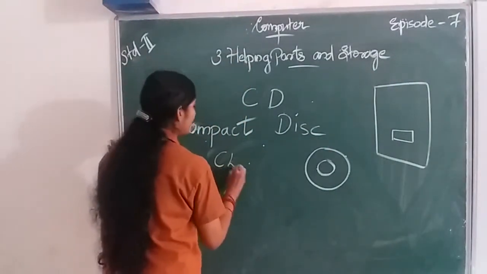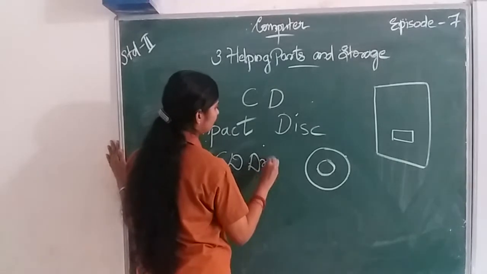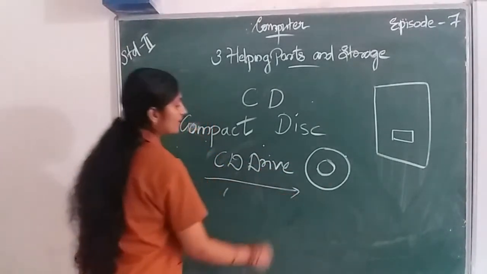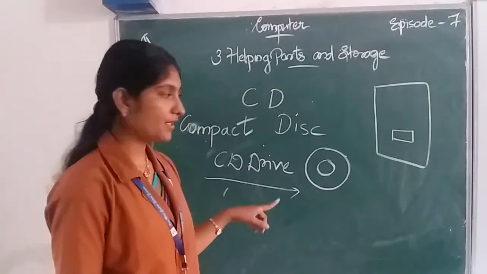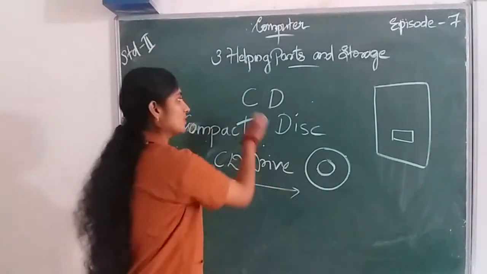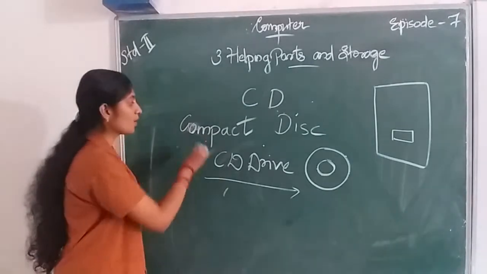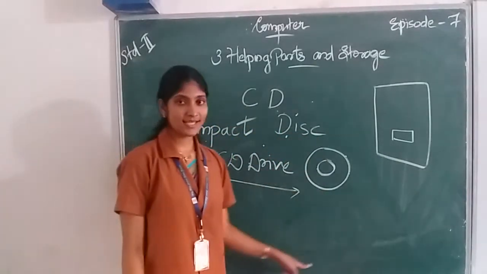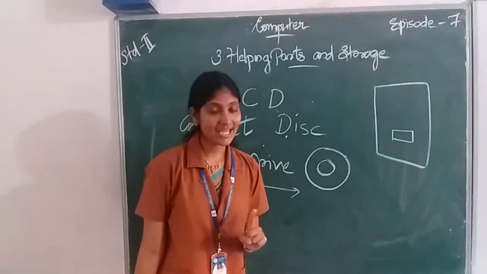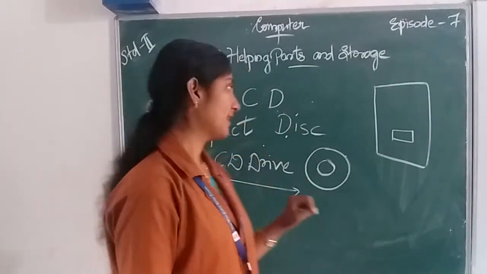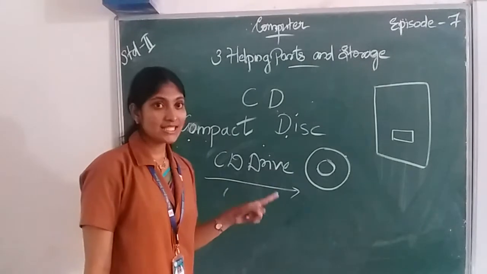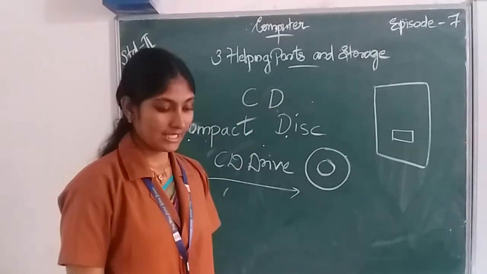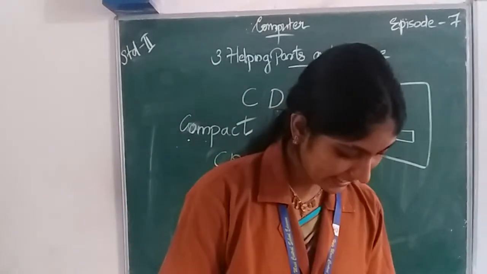So CD stands for compact disc, it is in circular shape, and it has a shiny surface. Then we need a CD drive to read the CD. Right?